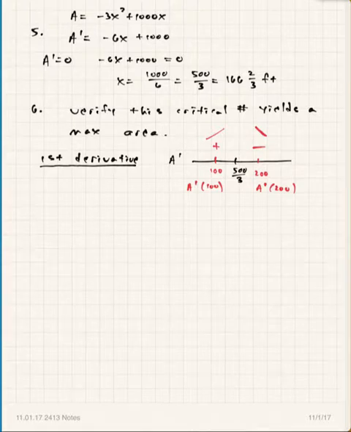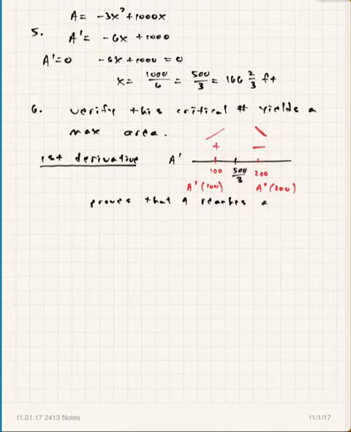That this proves that A reaches a maximum. In other words, the area reaches a maximum at x equals 166 2/3, or 500 thirds feet.